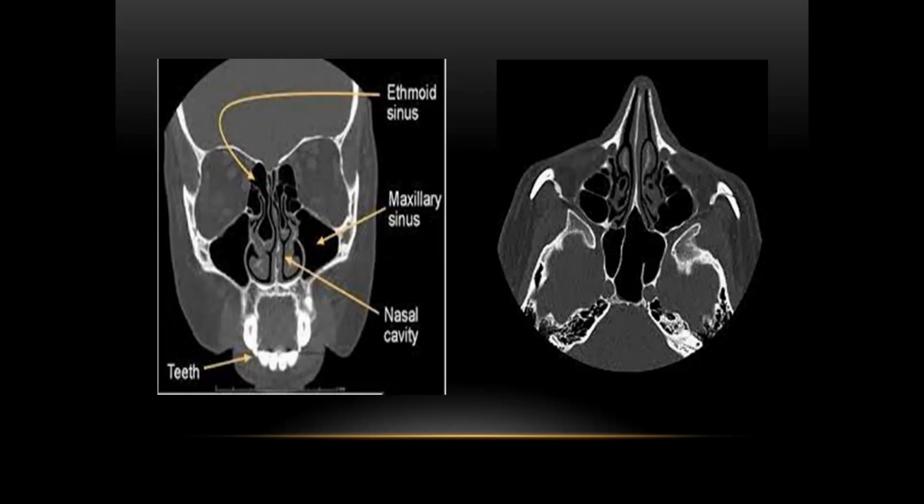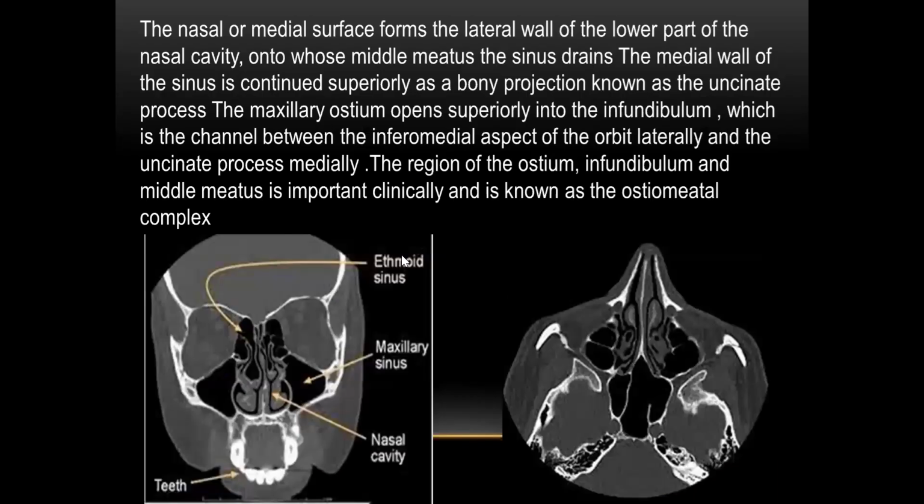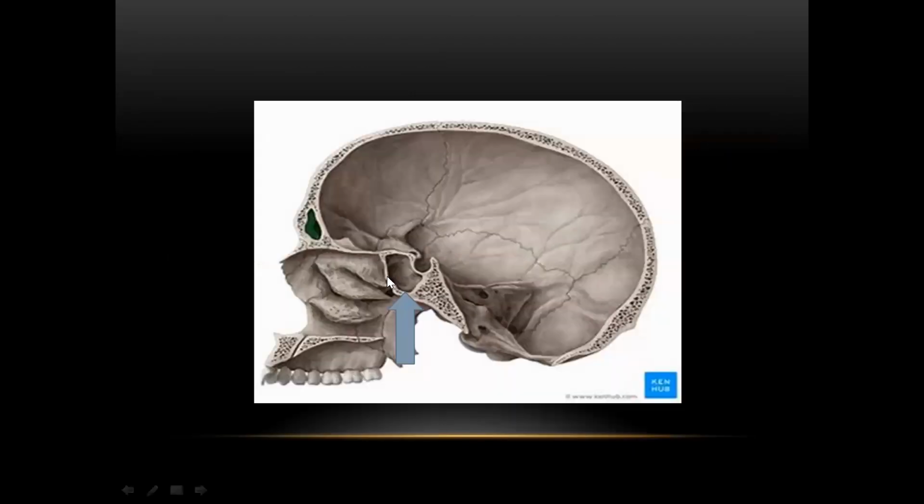The sphenoid sinus opens into the sphenoethmoidal recess, which is located above the superior turbinate. Below the superior turbinate we call it the superior meatus, which receives the opening of the posterior ethmoidal air cells.